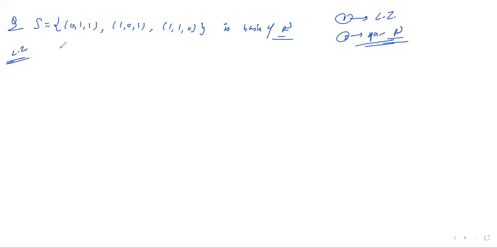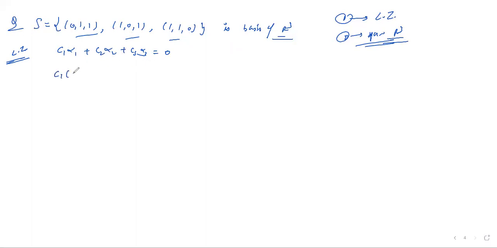For linear independence, let's take the scalars as Ci. So C1 alpha 1 plus C2 alpha 2 plus C3 alpha 3, where these are alpha 1, alpha 2 and alpha 3, equals 0. For linear independence, the value of the scalars should be 0.